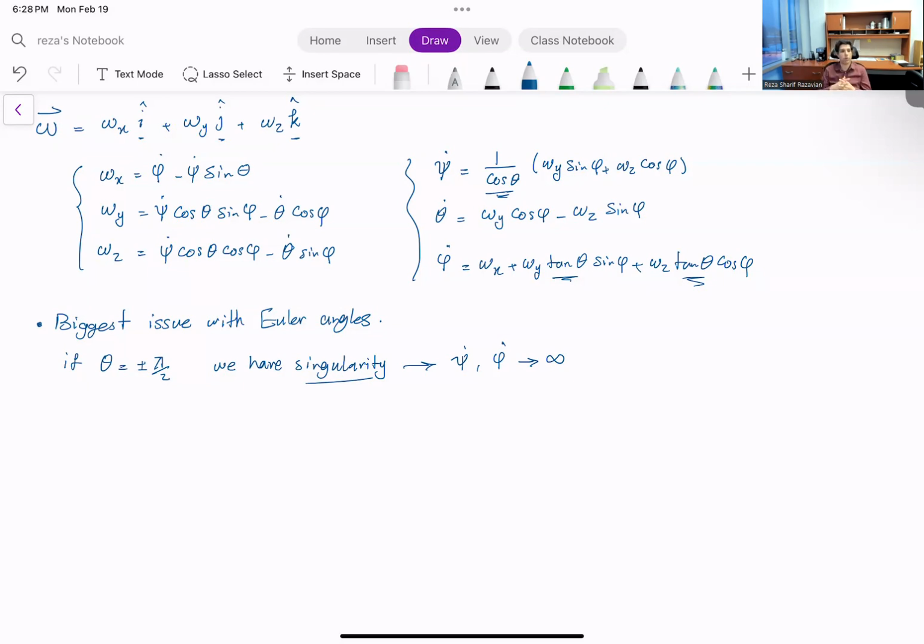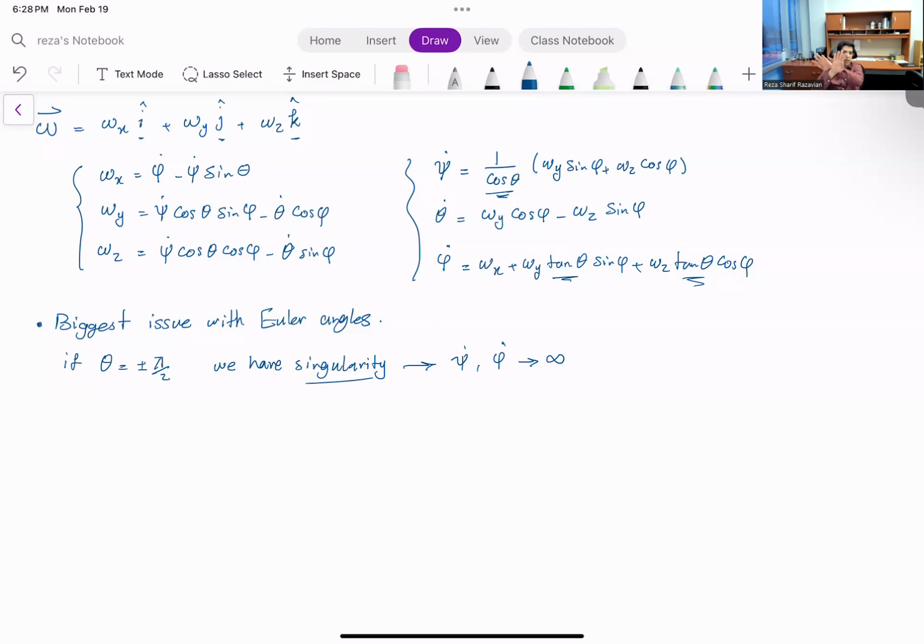Just a little before theta is 90 degrees, the two angles phi and psi have distinct roles. As theta gets closer to 90 degrees, their effects become more and more similar, and right at 90 degrees they have identical effects in the system.